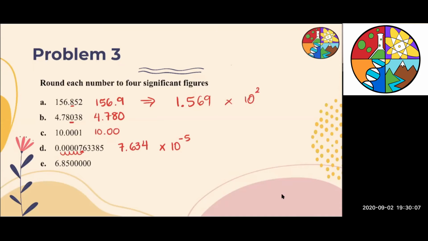Gladys, can you tell me what you put for E? I put 6.850. Okay, that's right. Anyone confused or have any questions why these are the answers? For letter D, we can also write 0.00007634, that's fine. Yes, you can also write it like that.